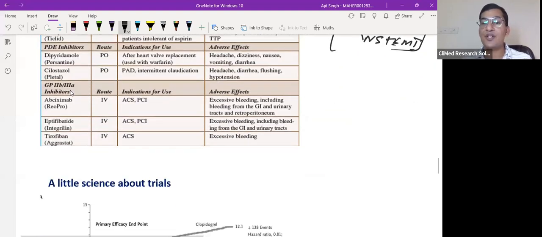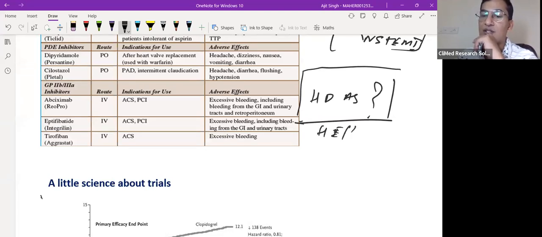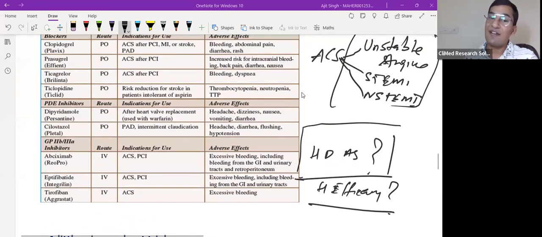So, guys, tell me, is a higher dose of aspirin beneficial or risky? Risky. With a higher dose of aspirin, it does not make any sense for efficacy.